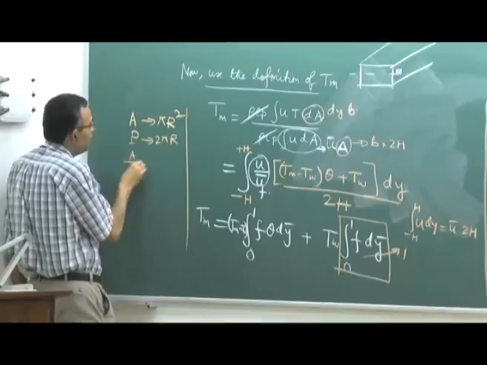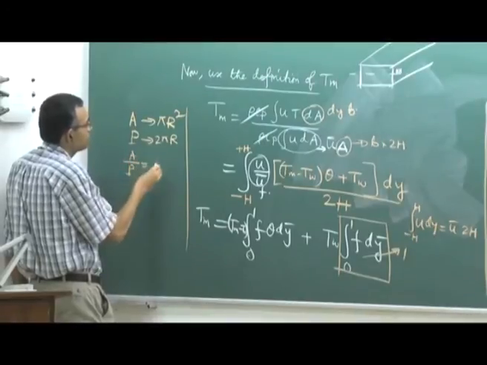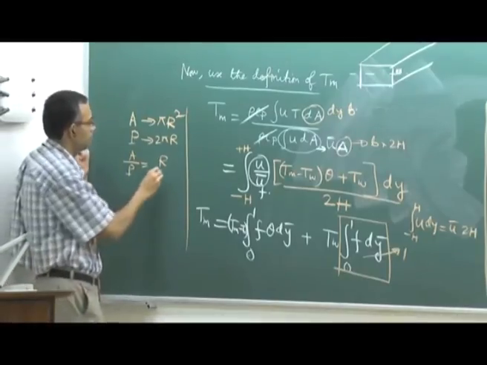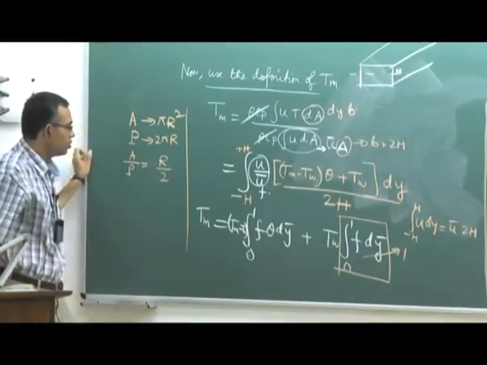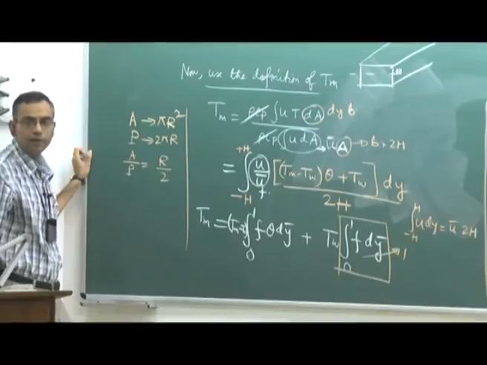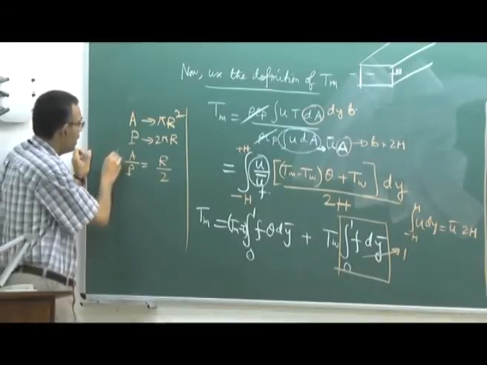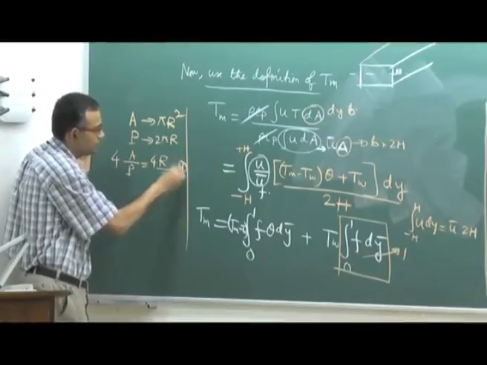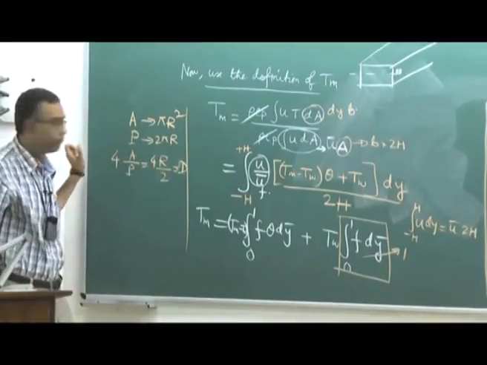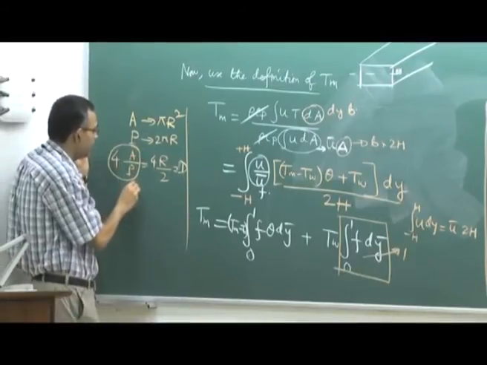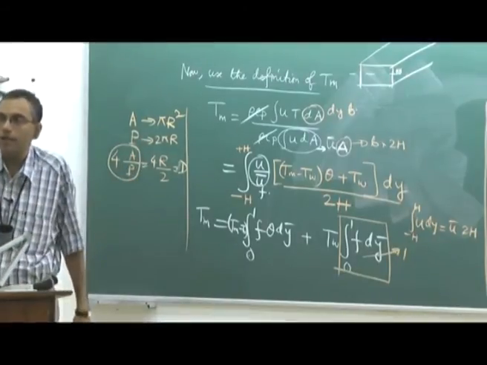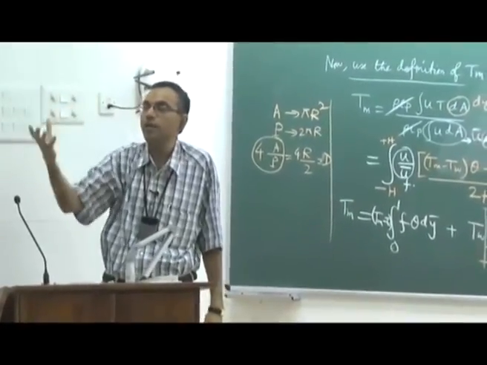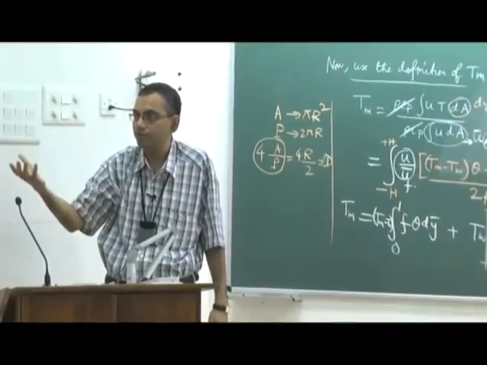So what is area by perimeter? How can you get diameter from here? Multiply by 4. So 4 into area by perimeter for a circular pipe is the actual diameter. For a non-circular geometry, that is some effective diameter which is called the hydraulic diameter.